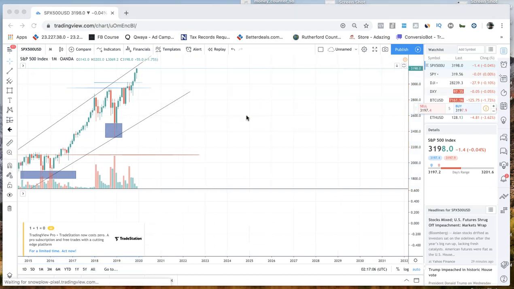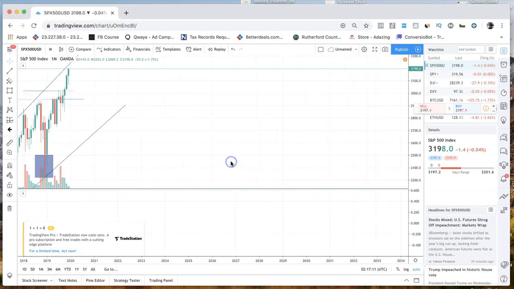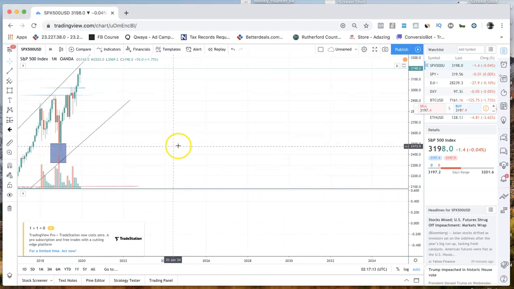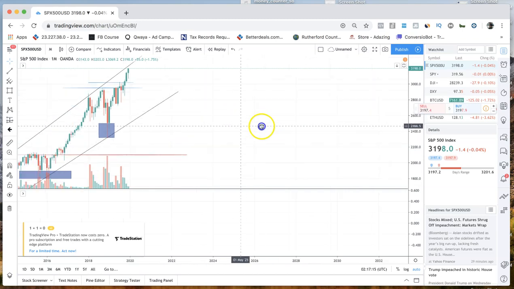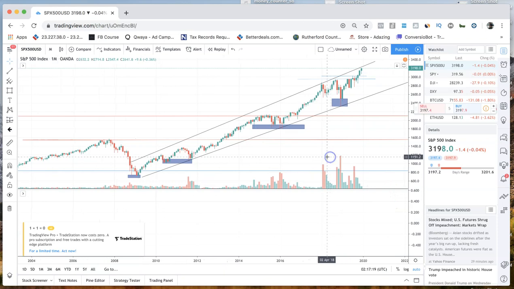So what I'm going to do is look and see, okay, well, we've stayed within this trend line for years.